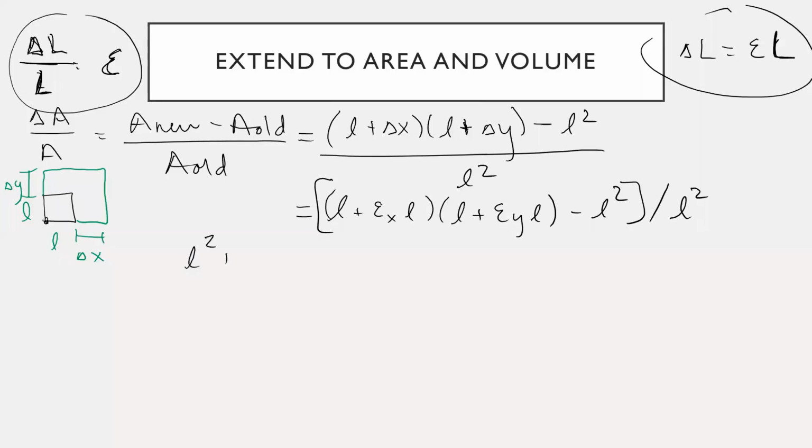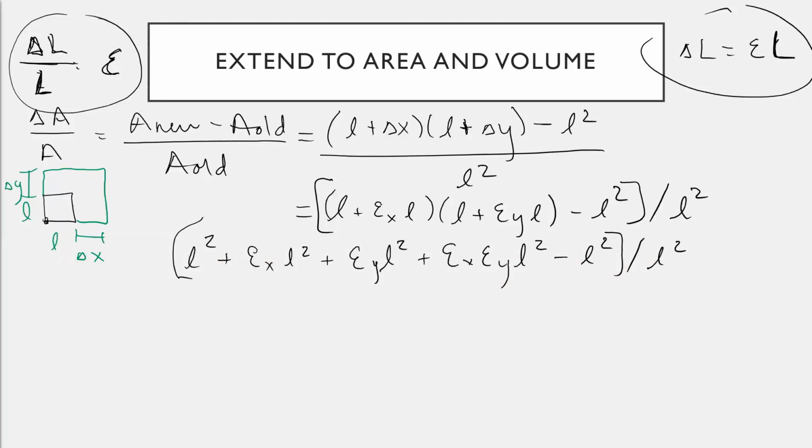I get L squared plus strain X L squared, plus strain Y L squared, plus strain X, strain Y L squared. Did I do that right? Everything has an L squared in it? Yep. And then minus L squared divided by L squared.